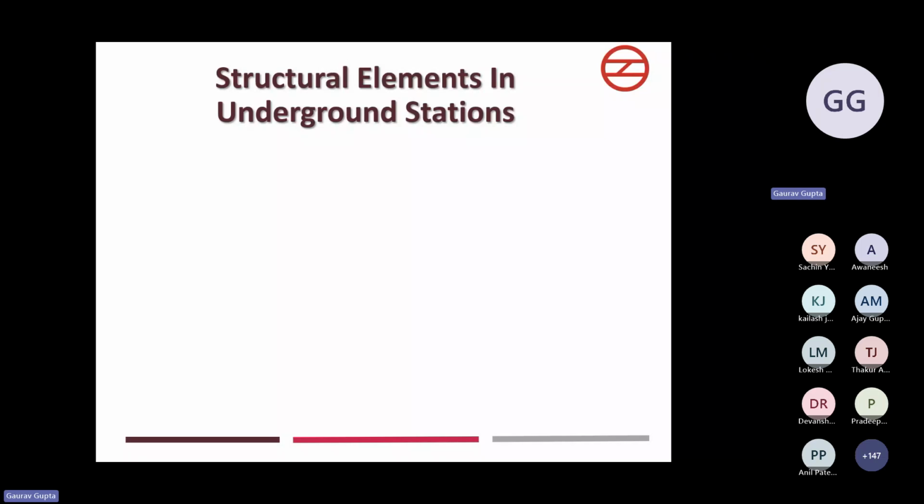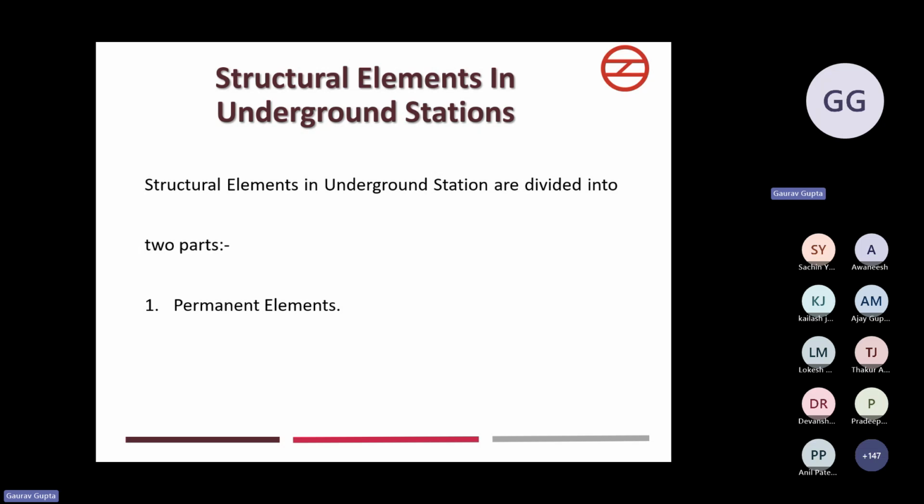Now, what are the various structural elements in underground stations? These I will tell you one by one. I have divided these elements of structural underground station in two parts. First one is permanent elements. As the name suggests, the permanent elements will be those which will be there for the whole design life, which is 100 years. And next comes the temporary.